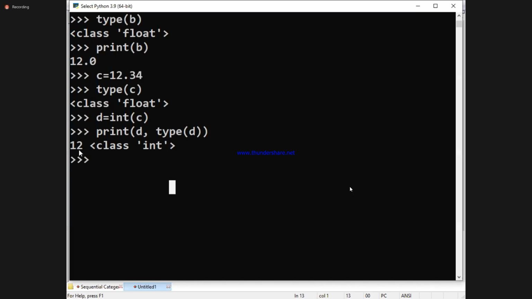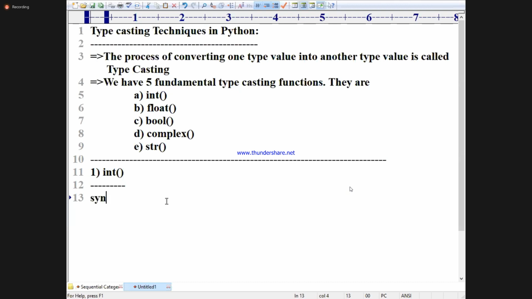So I am going to conclude here. The syntax: variable name 1 is equal to int of variable name 2. This int function is converting one type of value, that is variable name 2, into variable name 1.